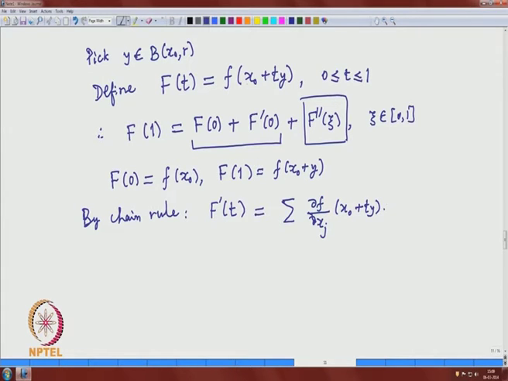into the differentiation of this argument with respect to t, and the only dependency is through this t y. Okay. So, we just get y j. Remember, y is a vector. So, this is the sum over j equal to 1 to n, since we are in the n variable case.